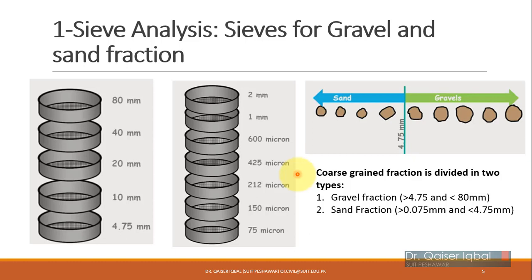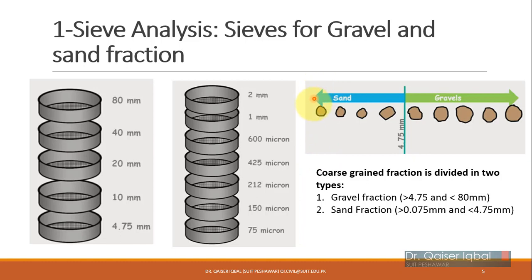So as I discussed, the sieves are selected. The standard sieves commonly used for the test are provided in the following. If you take a soil which has both gravel and sand components, remember the smallest size is 75 micron, so the limit will be 75 micron or 0.075 millimeter.